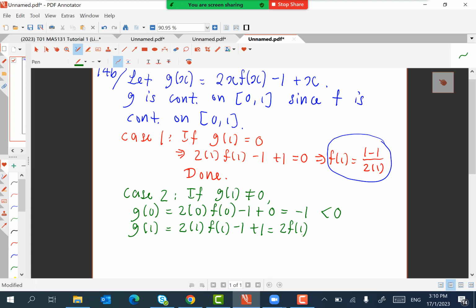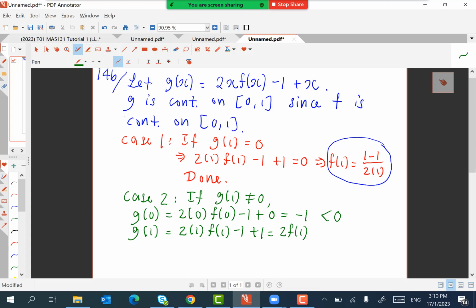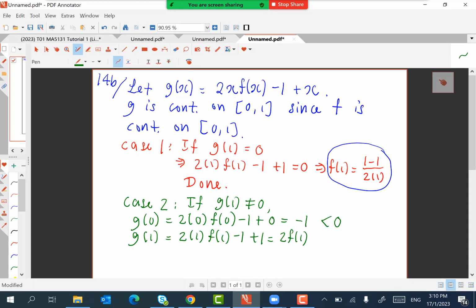And then we are told in the question that the function f(x) ranges between 0 and 1, remember?